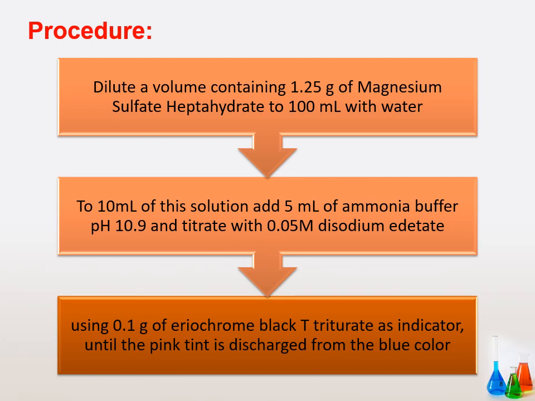Then we will transfer 10 ml of this diluted solution to a conical flask and add 5 ml of ammonia buffer to have a pH 10.9, which is suitable for the titration, and titrate it with 0.05 molar disodium edetate as a titrant, and we will use eriochrome black T as an indicator. After adding all these components, the color will be with a pink tint. The end point is the change of this pink tint to a blue color.